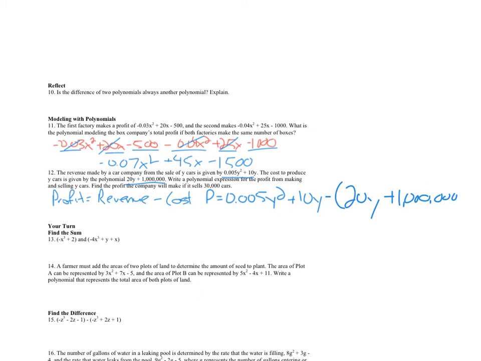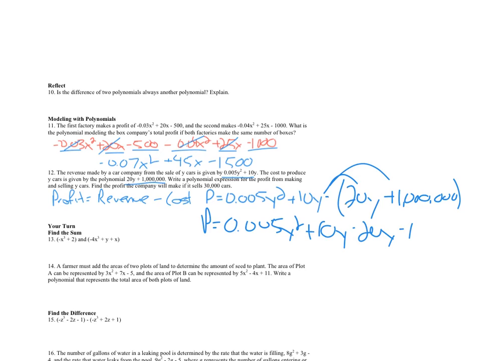Now what I should have done initially is not written that parenthesis, because the most common mistake students make is they don't put the parenthesis and they only get the negative 20y, but we're subtracting the whole cost, so we need to put parentheses around that, which means we then need to distribute that negative. So that gives us a negative 20y and then minus 1 million.